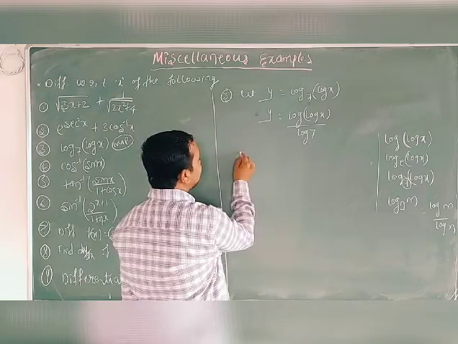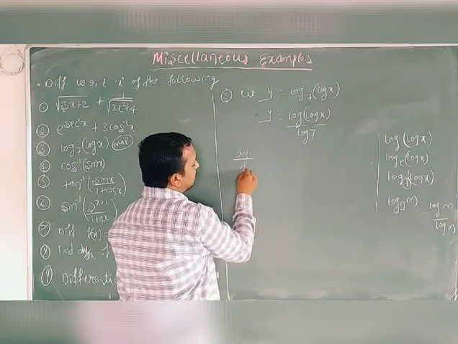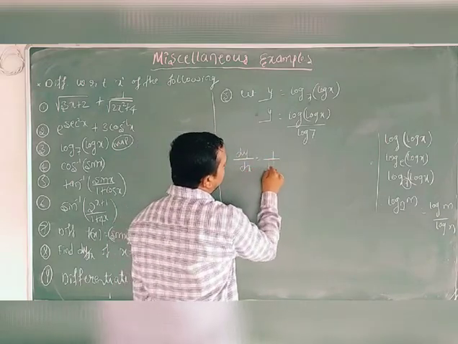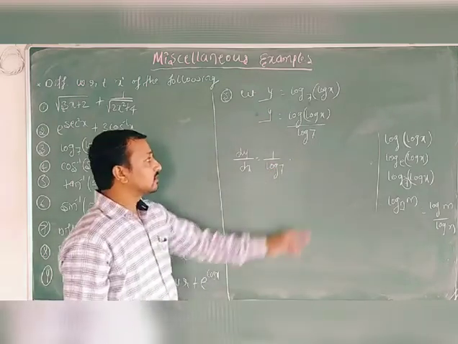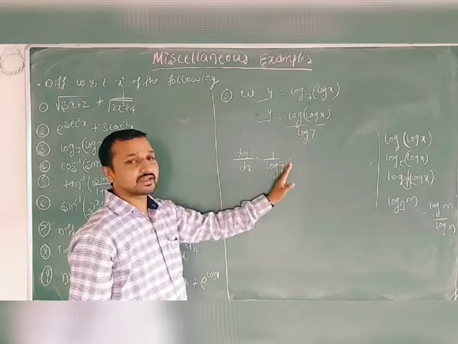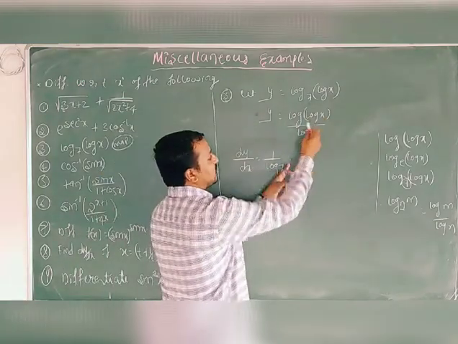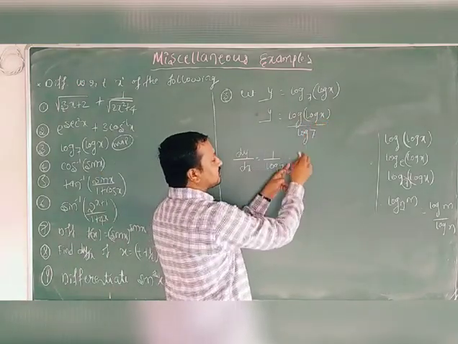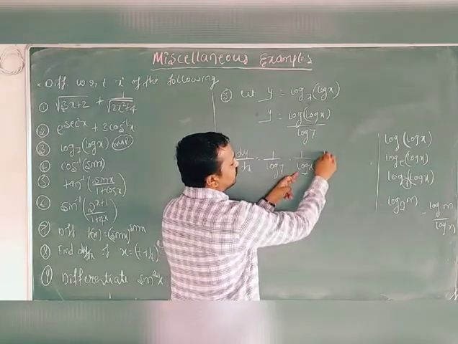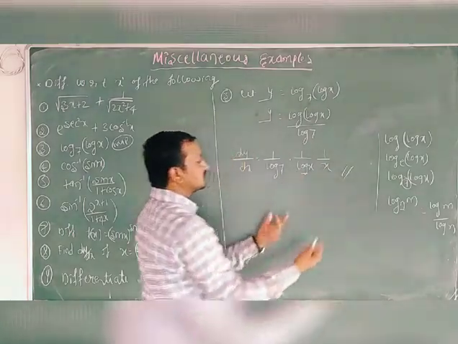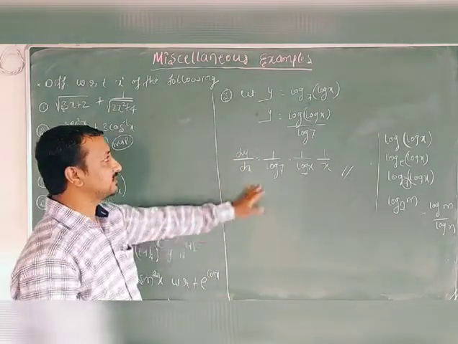Then I can take the derivative: dy by dx equals 1 divided by log 7, take it common outside. What is the derivative of log x? Derivative of log of x form is 1 divided by x. Instead of x, what is there? Log x. Then the derivative of log x is 1 divided by x. This is the answer. Very simple example it is.